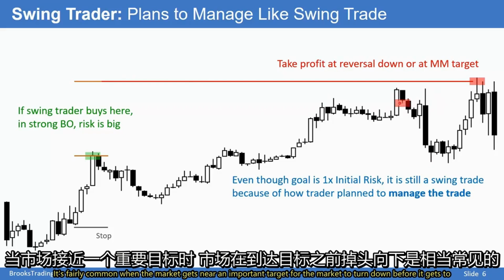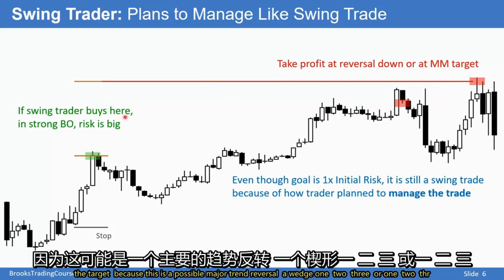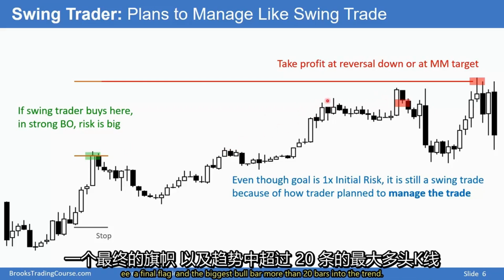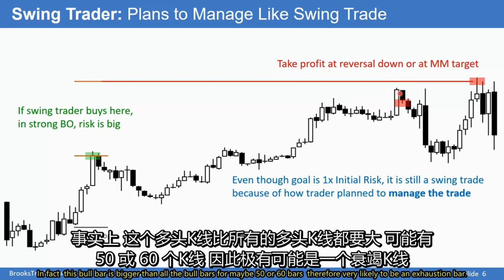Because this is a possible major trend reversal, a wedge, 1, 2, 3, or 1, 2, 3, a final flag, and the biggest bull bar more than 20 bars into the trend. In fact, this bull bar is bigger than all the bull bars for maybe 50 or 60 bars.